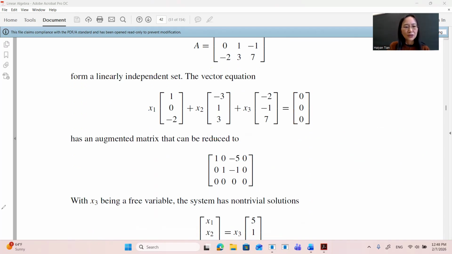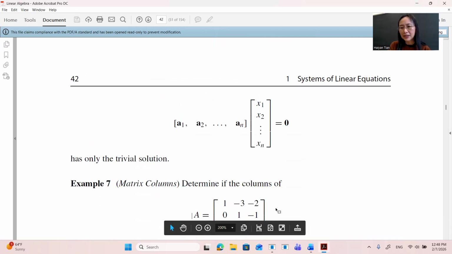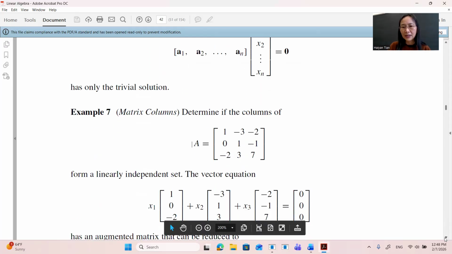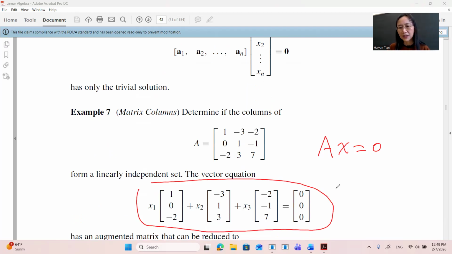So this is just recognizing the equivalent forms. This is A x equals 0, or this vector equation form. They are the same, so either one you can choose.